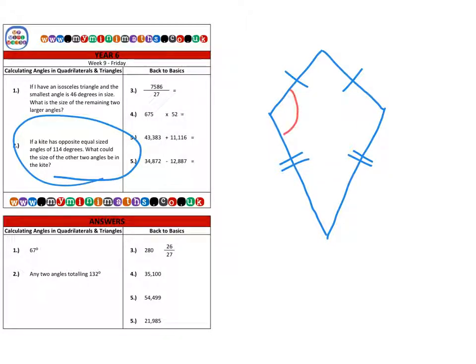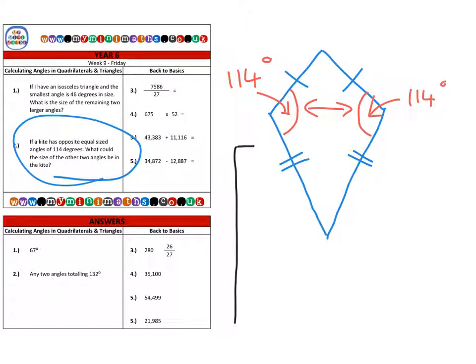And these opposite angles here we know are identical, as it says in the question. So this is 114 degrees, and this is also 114 degrees. And again, we know that all four angles in a quadrilateral add up to 360 degrees.